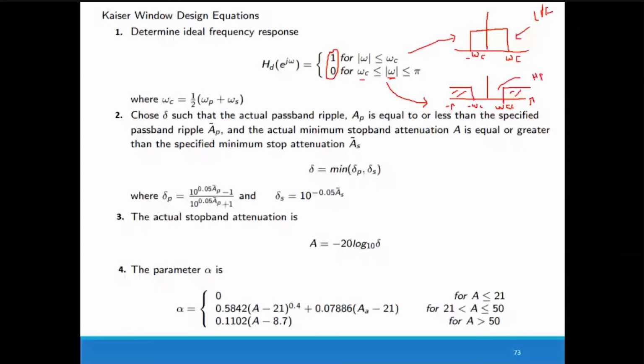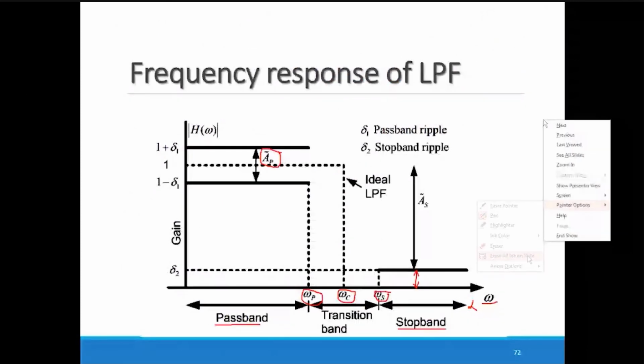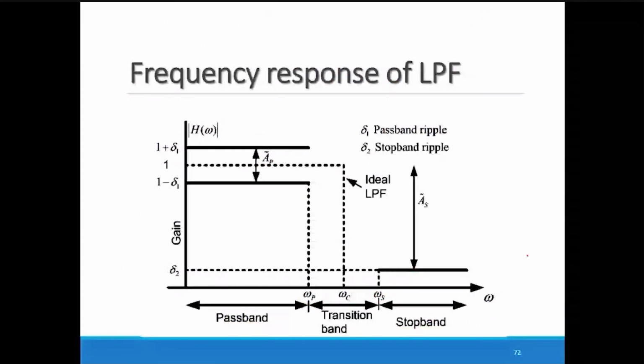Okay, so now here we have to calculate the cutoff frequency. Sometimes in your example only passband frequency and stopband frequency are given. So as you can see in this diagram, the cutoff frequency is exactly at the middle of these two, omega p, omega c, and omega s.